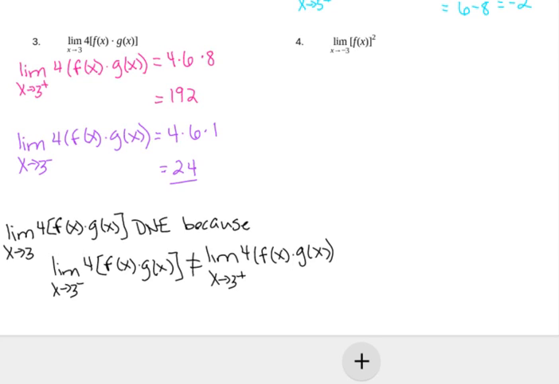So unfortunately, we do have to write that whole thing as part of our justification there. So you'll want to make sure that you include that.